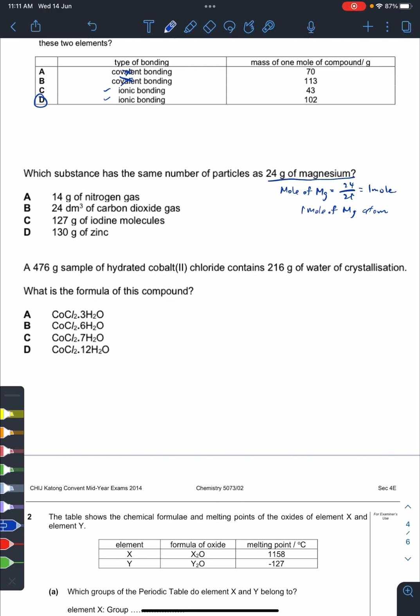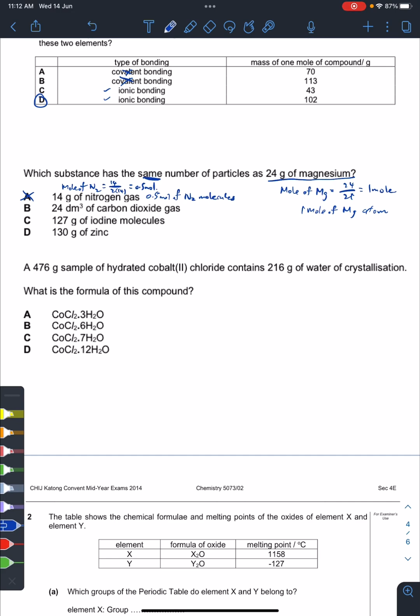Nitrogen is what? Is it N? If you look at your periodic table, you realize that nitrogen is not N. Nitrogen is N2. So the mole of N2 is 14 over 2 × 14 equals 0.5 mole. So I have 0.5 mole of N2 molecule, which is not same. A is out.